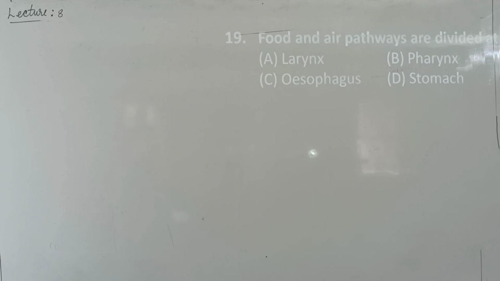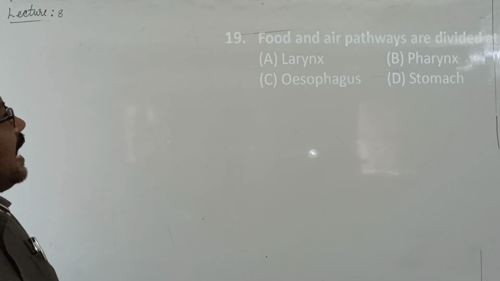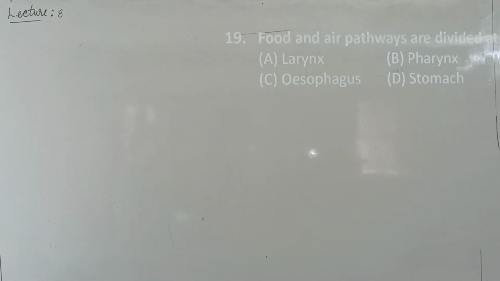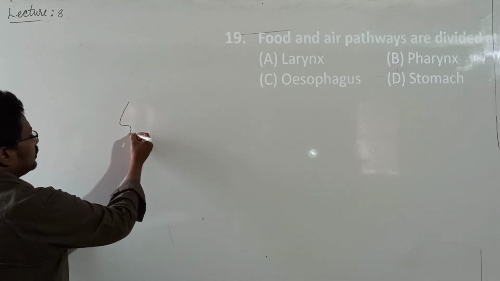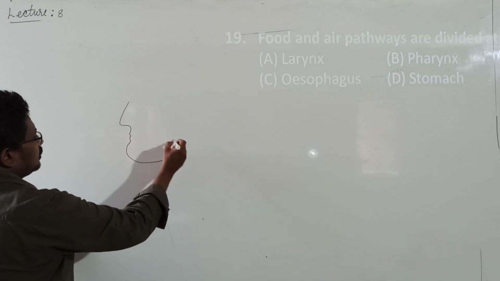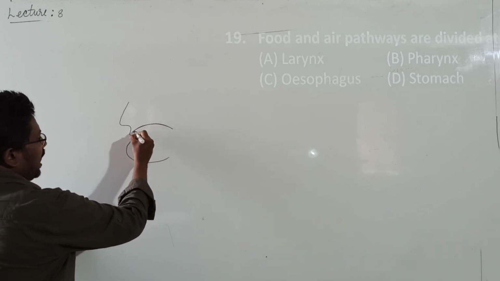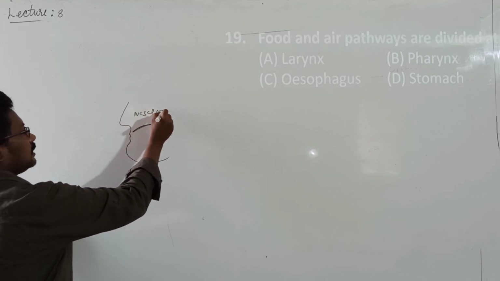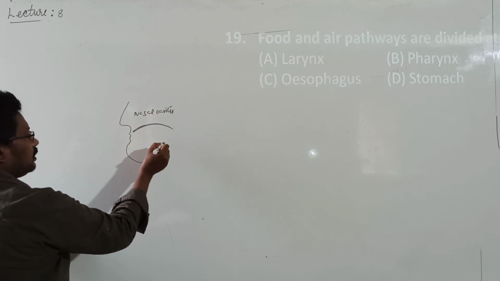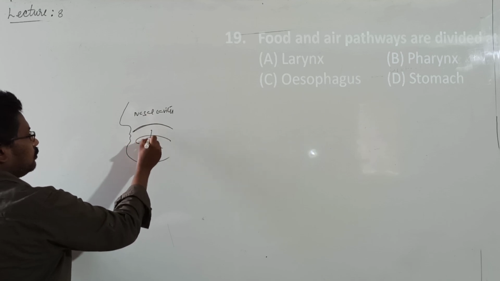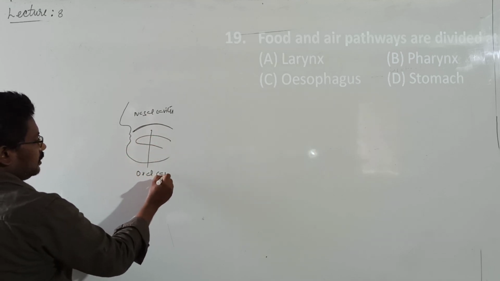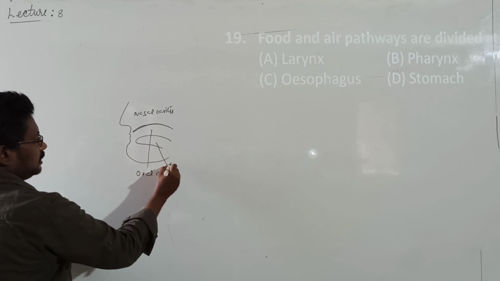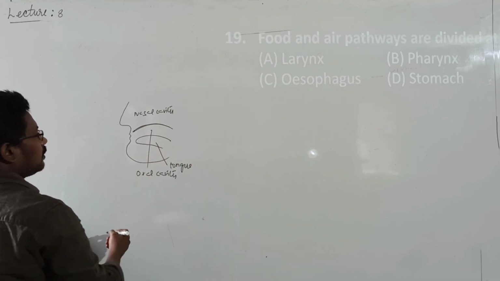The next one, food and air pathways are divided at. So already we have seen, I told that there is a palate here, above the palate we have the nasal cavity, below the palate we have the oral cavity, and this is the tongue.